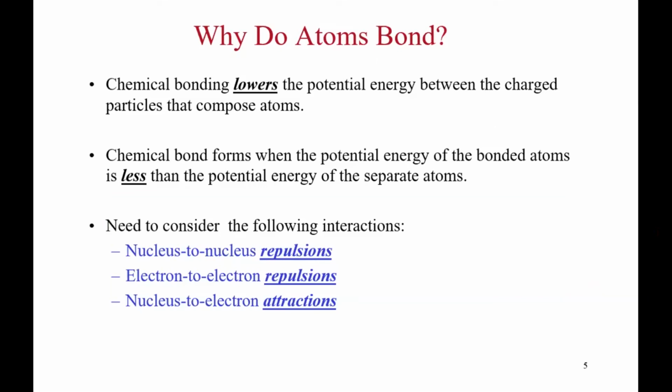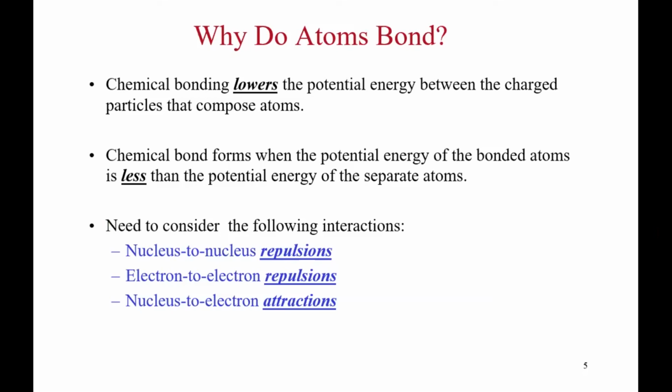The idea is that the chemical bond will form when the potential energy of the bonded atoms is less than the potential energy of the separate atoms. That is, the formation of a chemical bond represents a lowering of energy. Yes, it is exothermic. Yes, it generates a state that having lower energy is more stable.